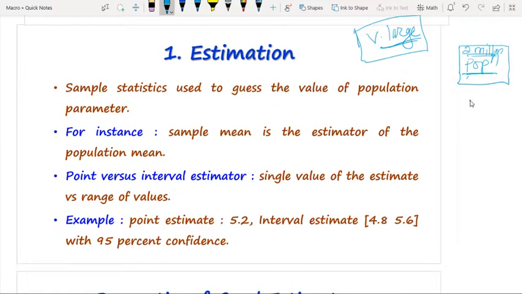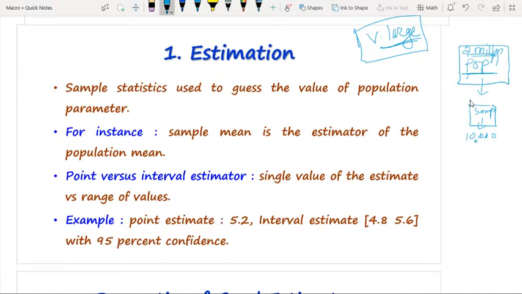It is almost impossible to take information from all 2 million elements. That's why we take a sample out of the population, say of size 10,000.